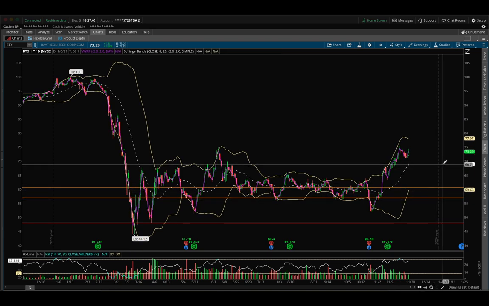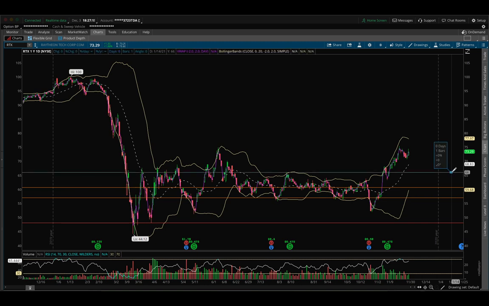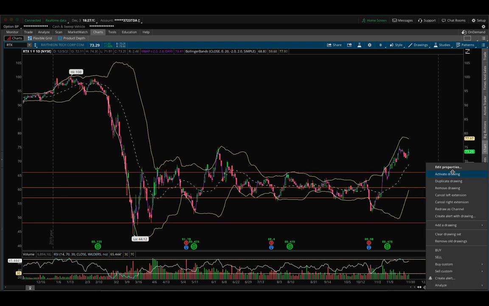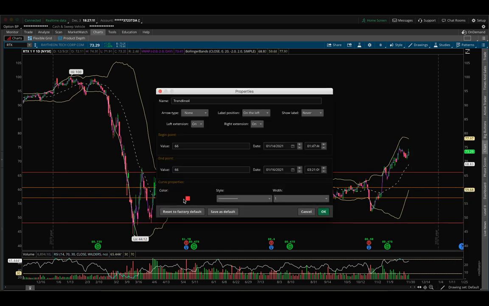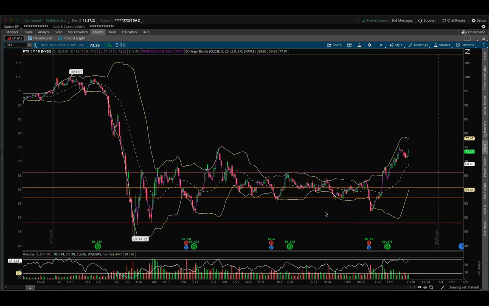Alright, so then we're going to do our next one. So now all these resistance levels that it's broken through are going to act as support.